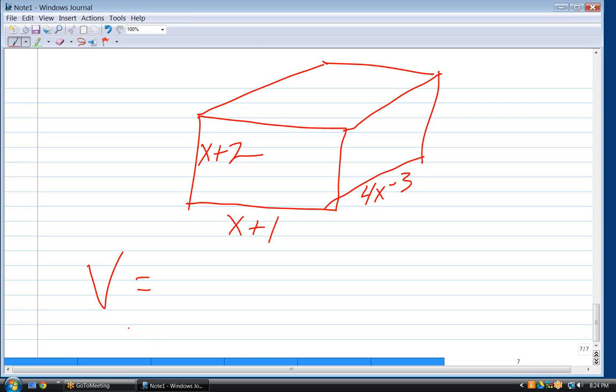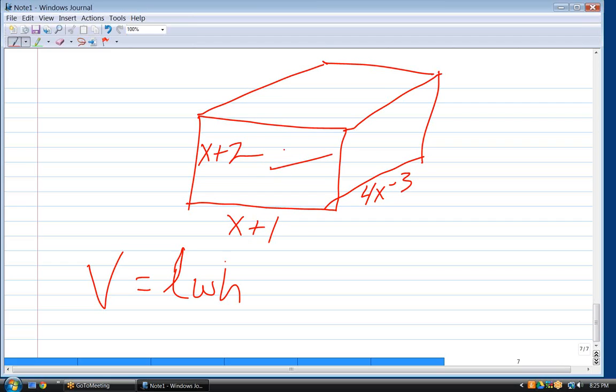Wouldn't you add them together then? Multiply them. The volume is the length times the width times the height. In other words, the volume of any rectangular box, or what I call rectangular bricks, is the 3 dimensions multiplied, just like the area of this face is 2 dimensions multiplied.